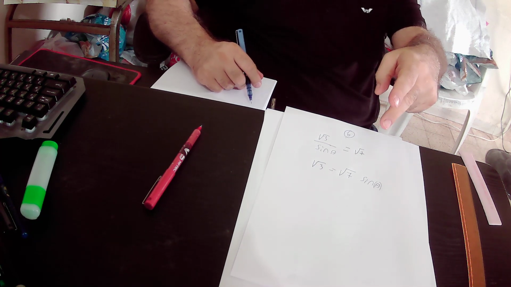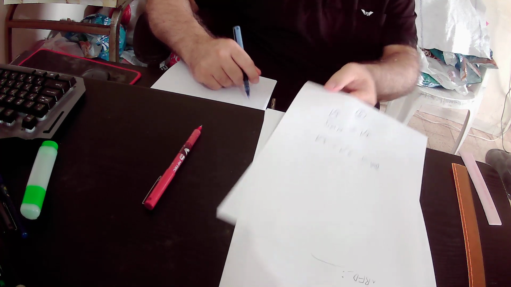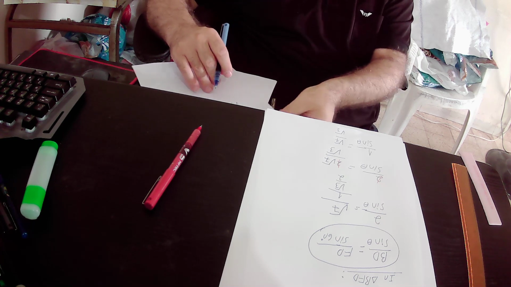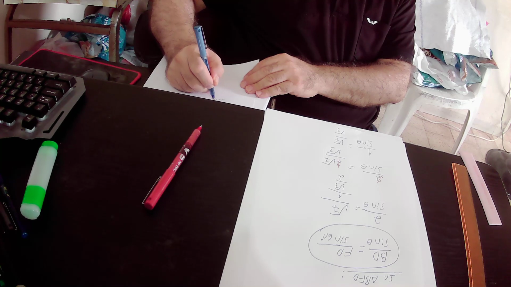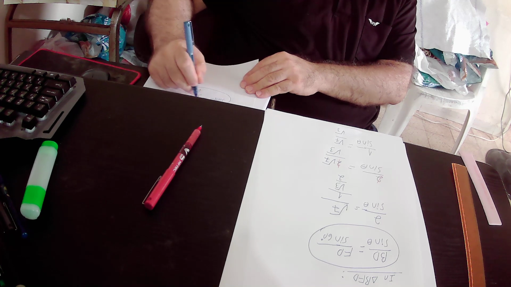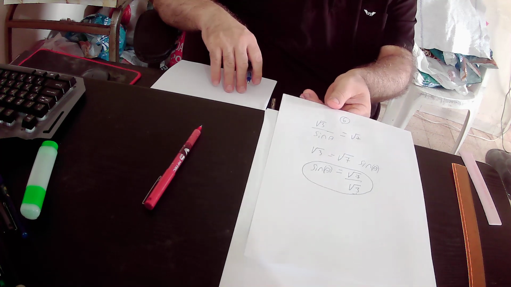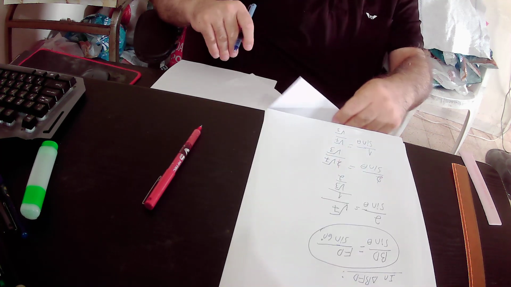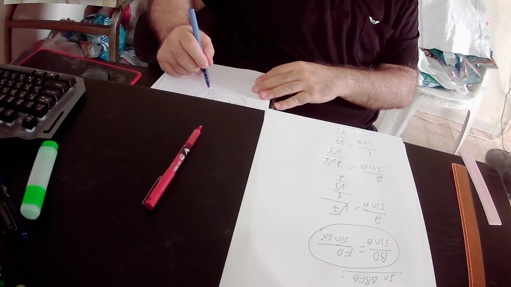In the next step, we will divide this equality by root 7, and we will get that sinus theta equals the root of 7 over root of 3. I made a mistake.